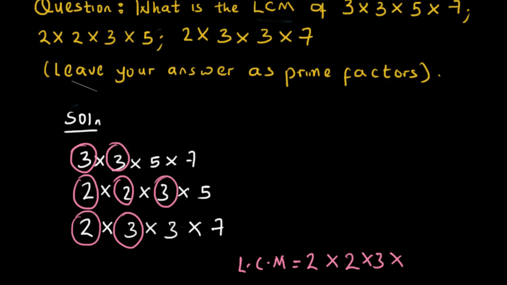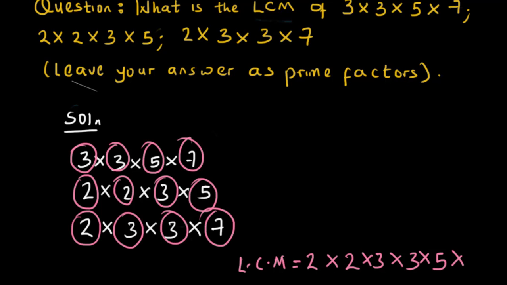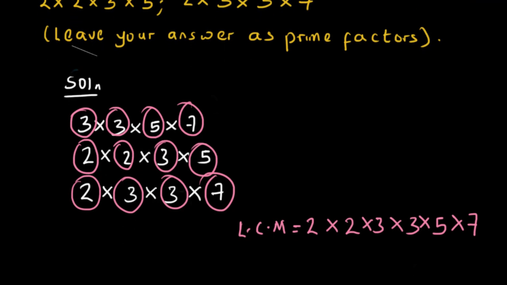Then we have 3 here, 3 here, 3 here, and 3 here, and 3 here. We have 5 here, 5 here. We have 7 here, 7 here. So it means that our answer is, we have 2 2s, so 2 raised to power 2, we have 2 3s, 3 raised to power 2, times 5 times 7.